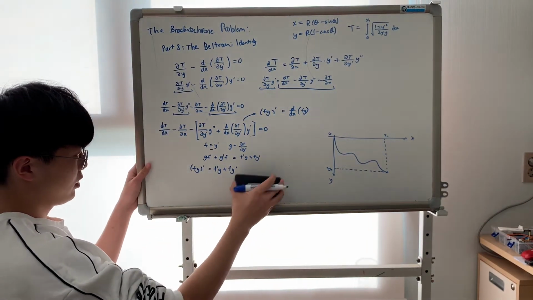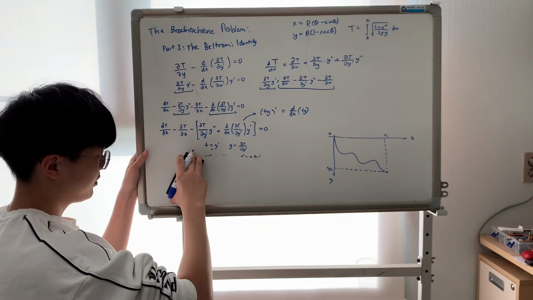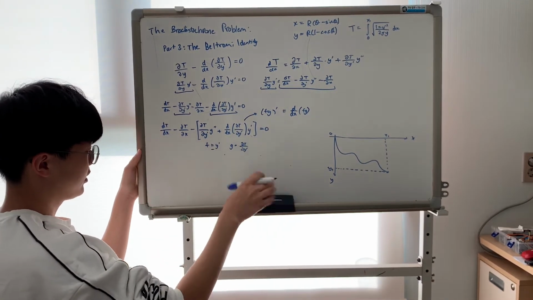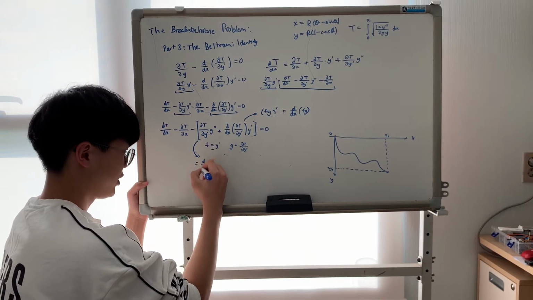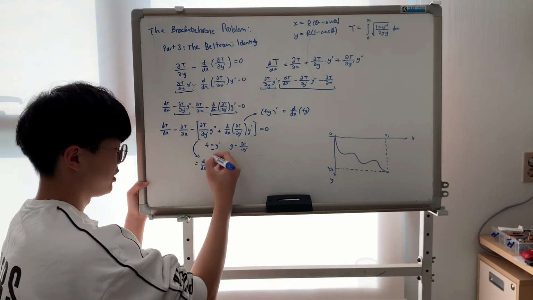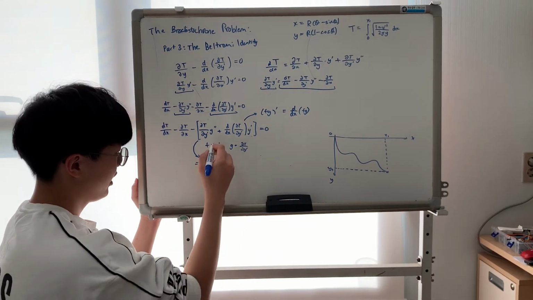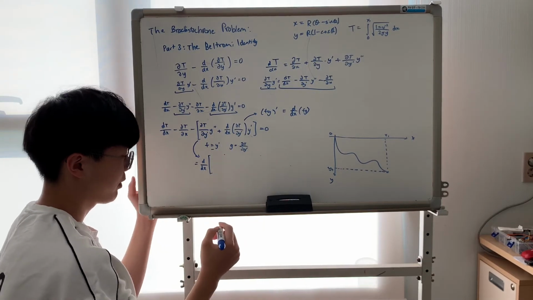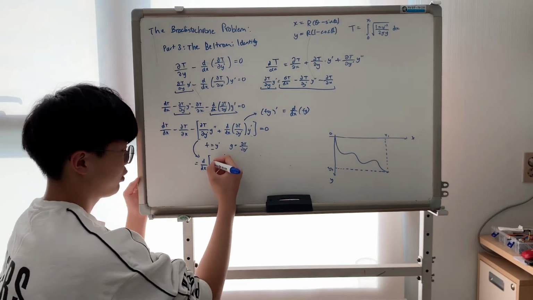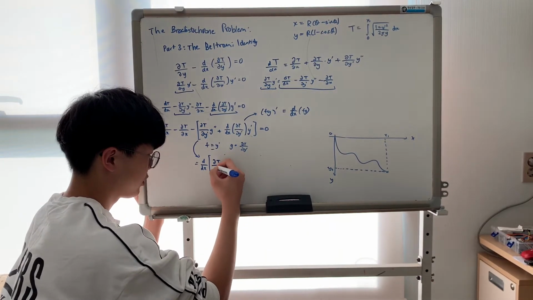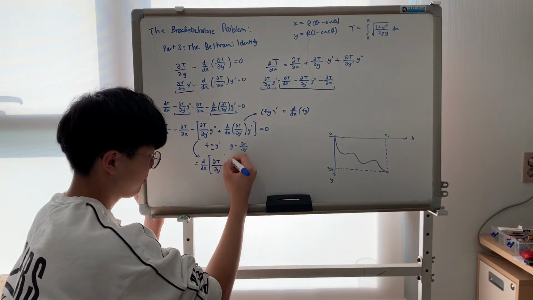Okay, so this form over here is equal to d over dx of f times g, where f is y prime and g is partial t over partial y prime. So we get d over dx of partial t over partial y prime times y prime.